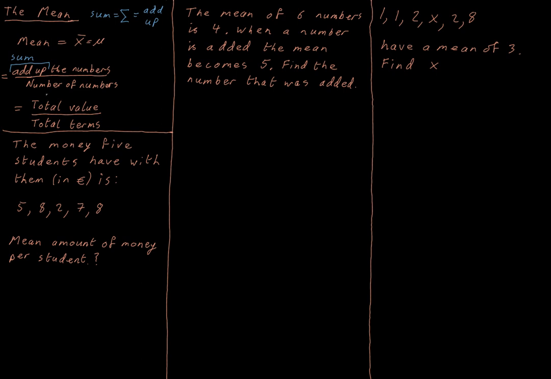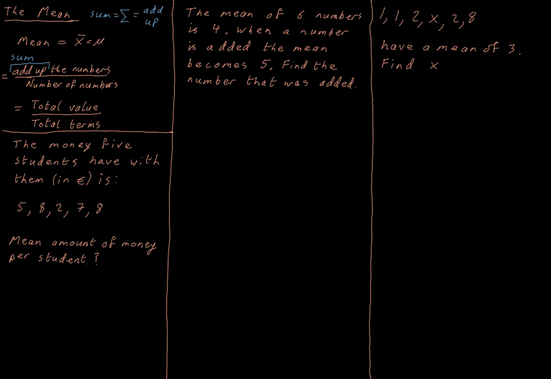Now, a way of phrasing this that can be helpful for more complicated questions is to think about the implication of this in terms of the total. If we add up, or sum up, all the numbers in our dataset, that means we get the total value of all of the numbers in our dataset. And then we're dividing by the number of numbers. Well, that's the total number of terms.